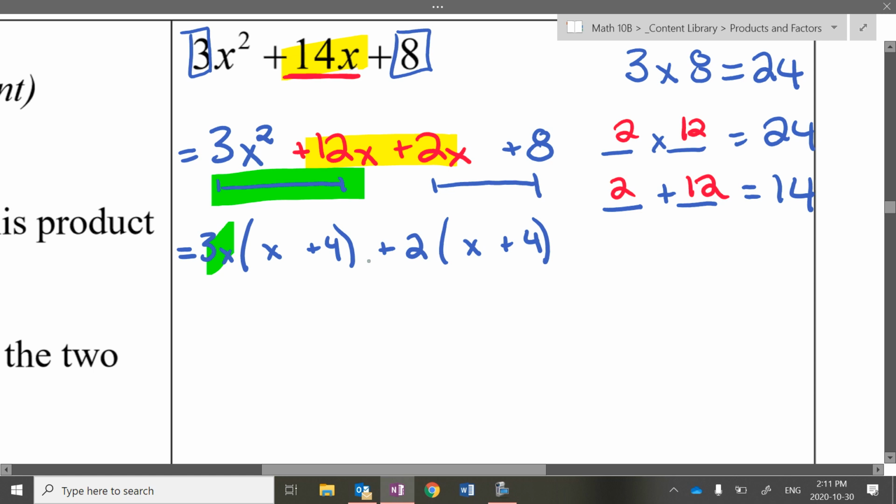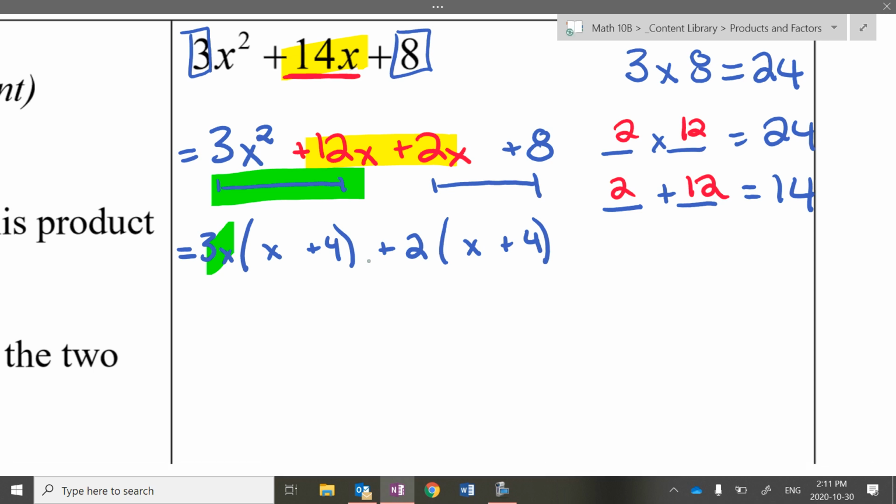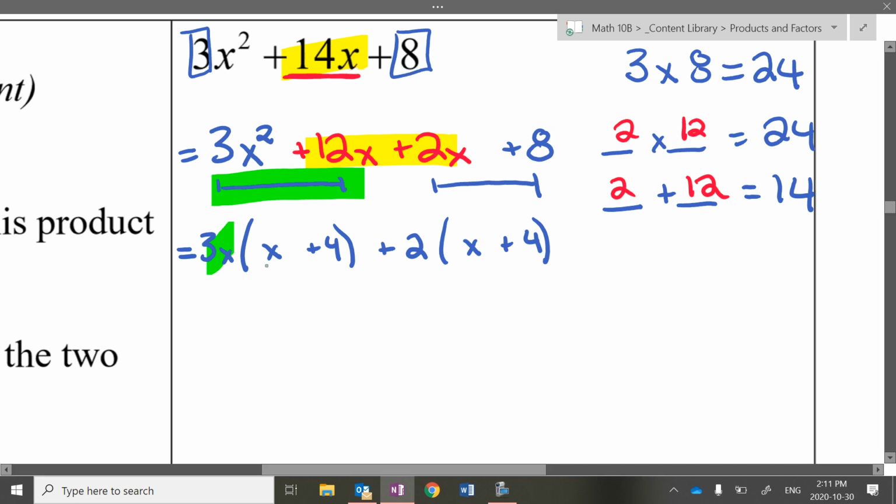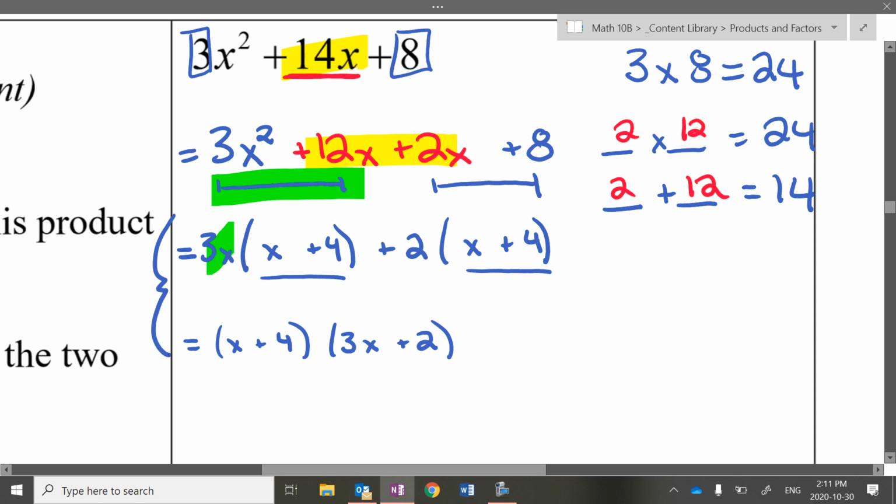In my second 2, I factor out the greatest common factor, which is 2. Both of these leave me with an x plus 4. So from here, I can factor out x plus 4. The other 2 pieces that were left are 3x plus 2. So this second part here is just factor by grouping.